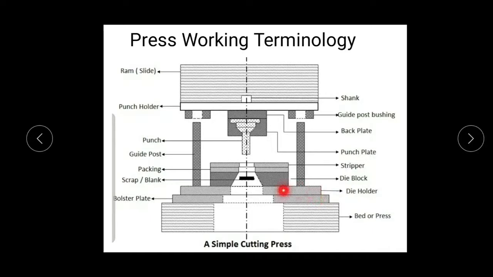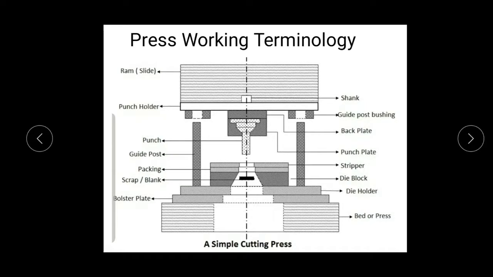Then above, a die holder is fitted on this bolster plate. Die holder is used to hold this die. So die is a female part of die block or press tool for producing the given job work in a press. Die and punch work together to make the desired product.